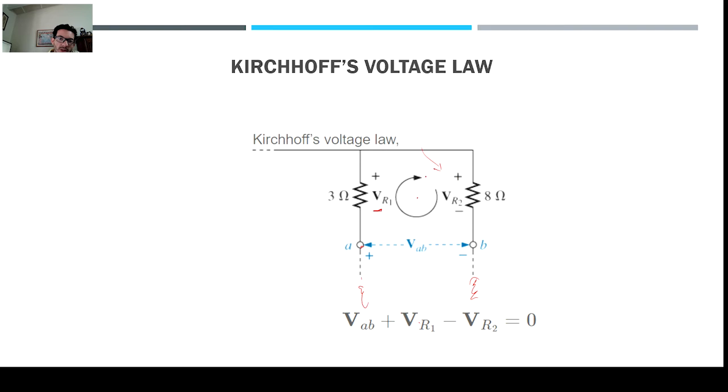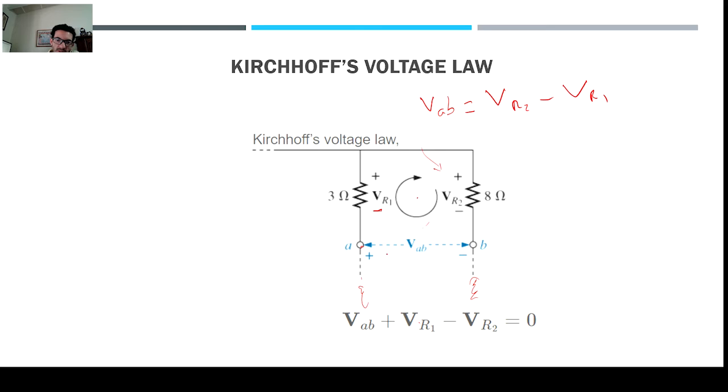So if you go with the clockwise direction that we assigned, we go positive, negative, and then negative, positive. In other words, voltage AB is equal to voltage R2 minus voltage R1.